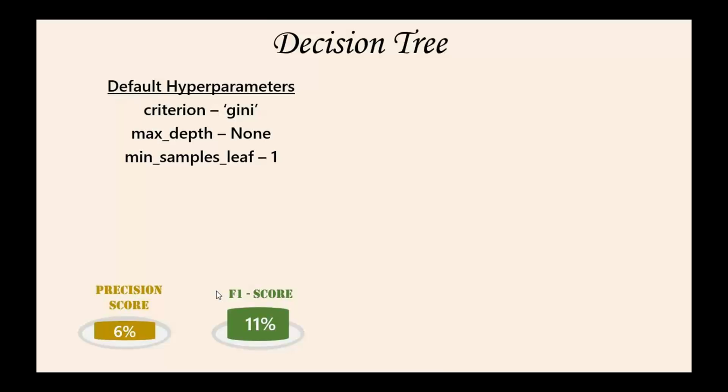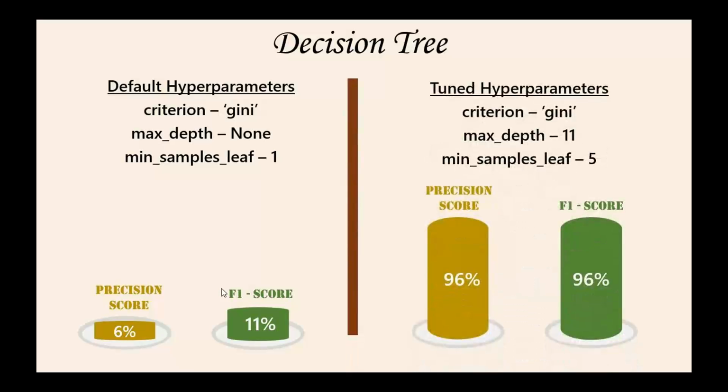Here you can see the results for class 1, that is, defaulters. Precision score is 6% and F1 score is 11%, which is not very good. So we decided to tune the model. The criterion remains as it is, and we set the maximum depth to 11 and minimum samples leaf to 5.